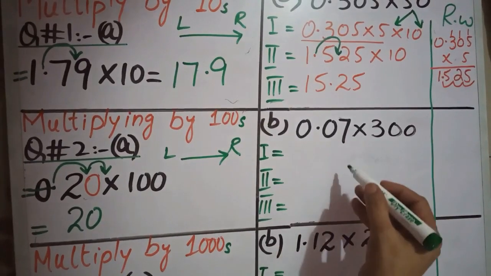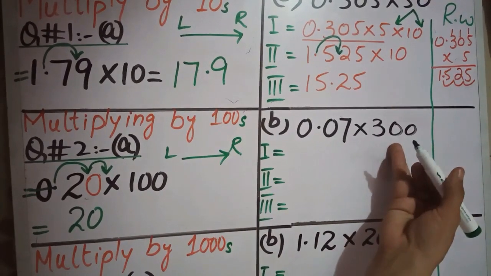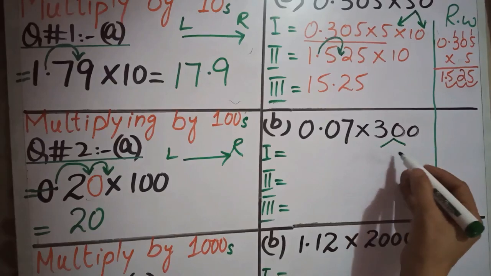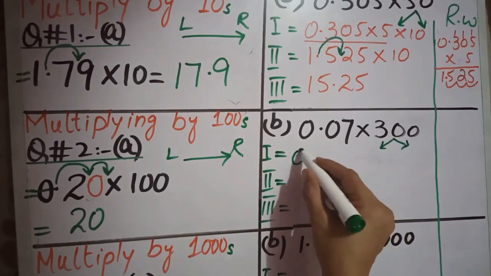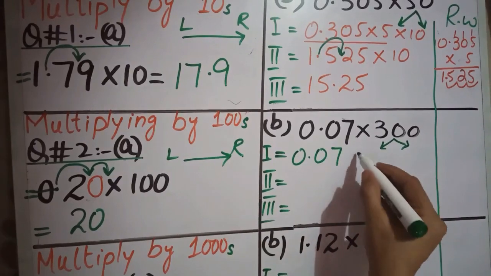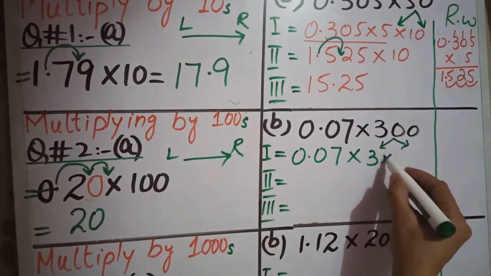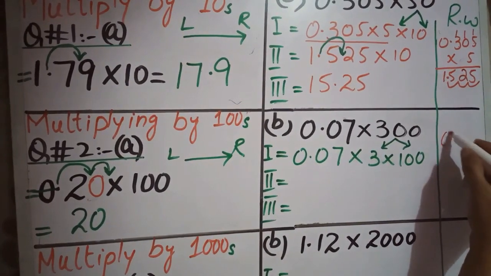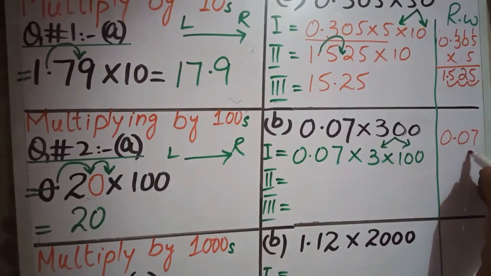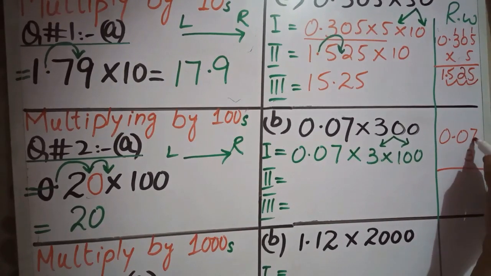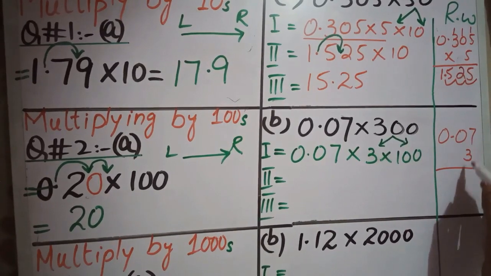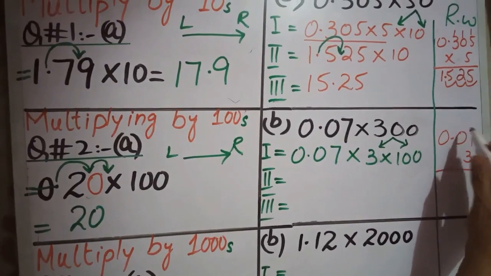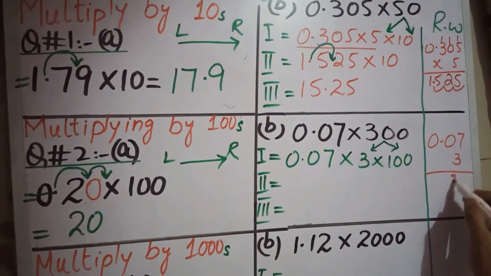And now in the B part, again it is a multiple of 100. Simply you will split into multiples of 100. 0.07 multiplied by 3 multiplied by 100. Now after multiplying by 3, 3 sevens are 21. Because the next digit is 0, we will not put a carry here, just 3 sevens are 21.